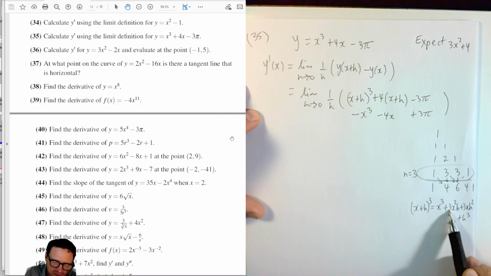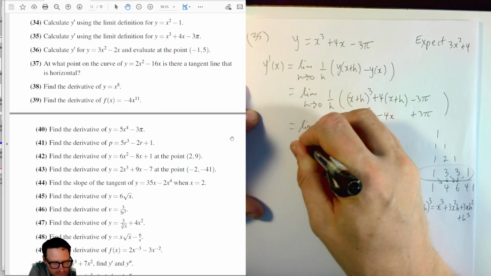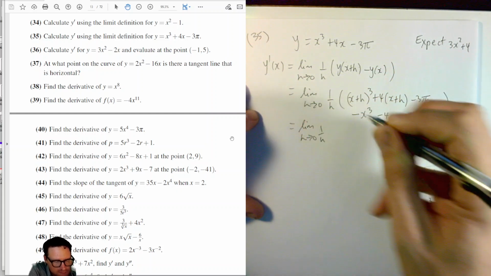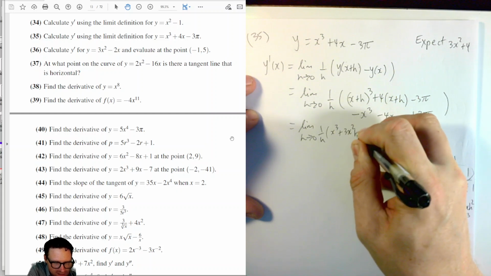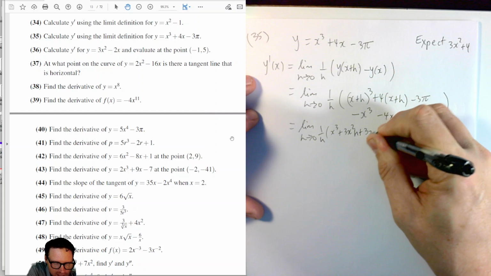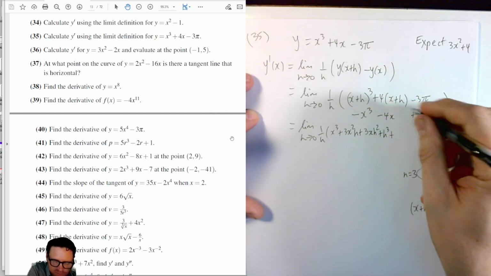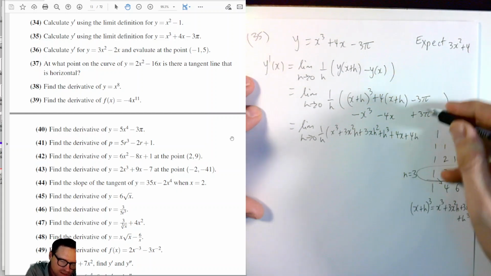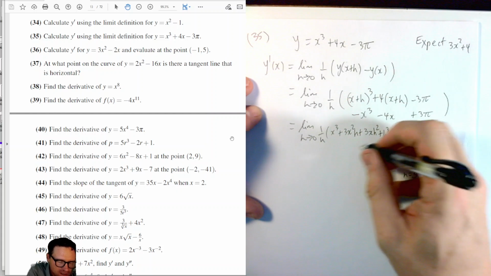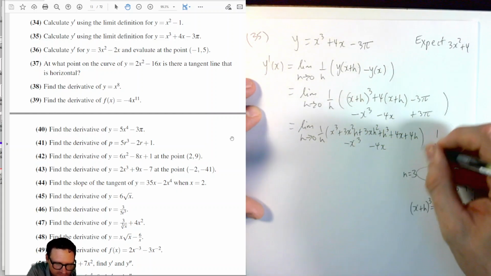So I have coefficients 1, 3, 3, 1. Okay, so that goes in there. x cubed plus 3x squared h plus 3x h squared plus h cubed, and then the expansion of this is 4x plus 4h. These cancel. Then we have minus x cubed minus 4x.